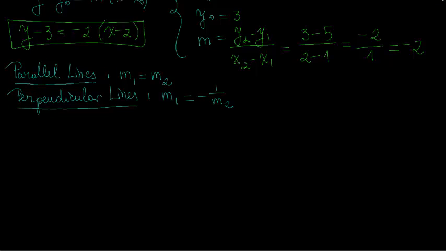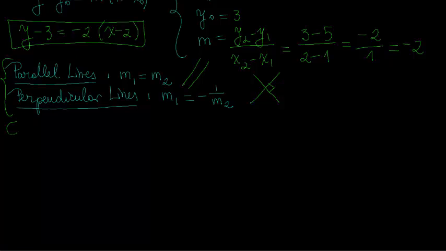As a last example to practice this form of the equation of a line, let's recall that two lines are parallel if they share the same slope, namely the same level of inclination. So m1, the slope of the first line, equals m2, the slope of the second line. And two lines are perpendicular if m1 is the negative reciprocal of the slope of the second line.